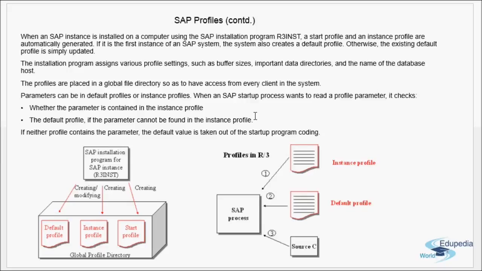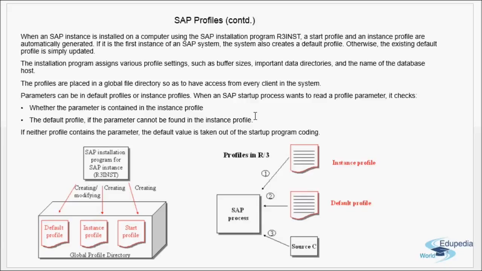When an SAP startup process wants to read a profile parameter, it checks whether the parameter is contained in the instance profile. So first it checks the instance profile, then the default profile if the parameter cannot be found in the instance profile. If neither profile contains the parameter, the default value is taken out of the startup program coding.